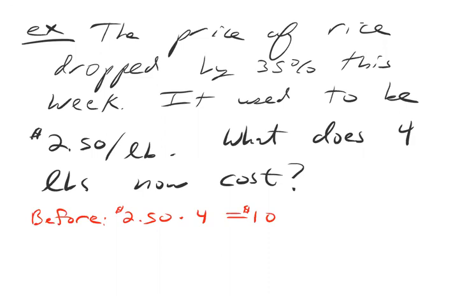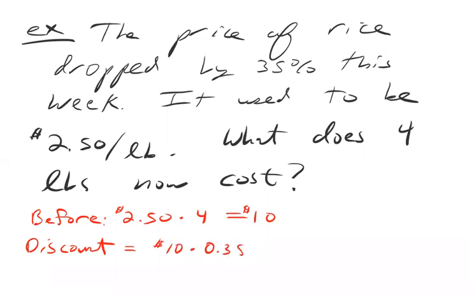Well, now the price of rice has dropped by 35%. So let's find out what the drop, or the discount, is now. That'd be $10 times 0.35, right?